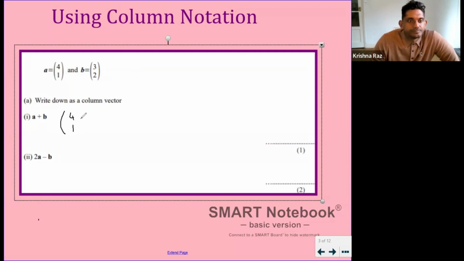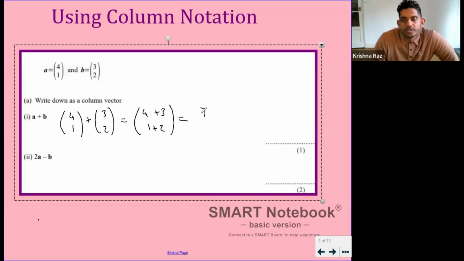(4, 1) plus (3, 2) is 4 plus 3 and 1 plus 2, so we're going to get the vector (7, 3).